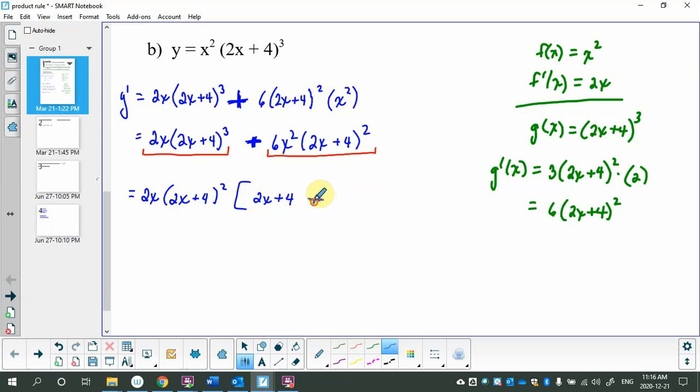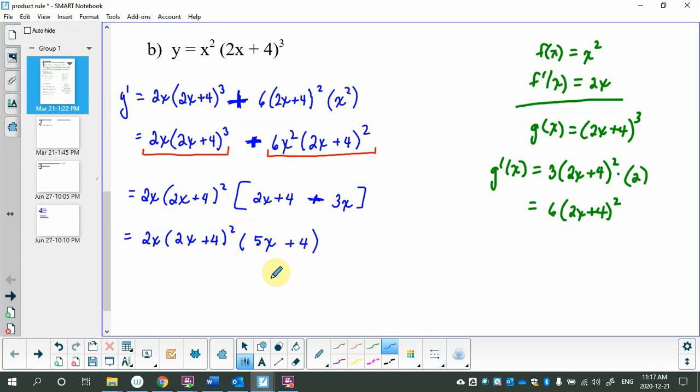Big plus sign, not that it matters the size of the plus sign. If I take 2x out of 6x squared, I'm left with 3 and an x, and I took all the brackets out so I can stop, and then I can collect like terms in the square bracket. So that's 5x plus 4.